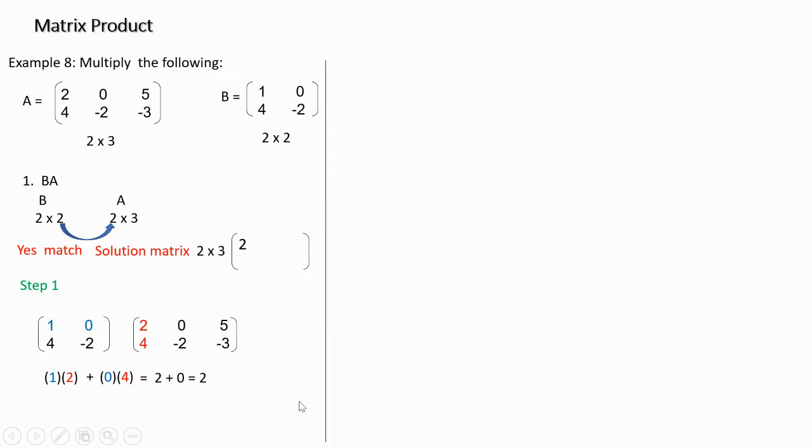Okay? Step number 2. If you notice, check this out, guys. On the first step, we use column 1. On step 2, we use column 2. On step 3, we're going to use column 3.